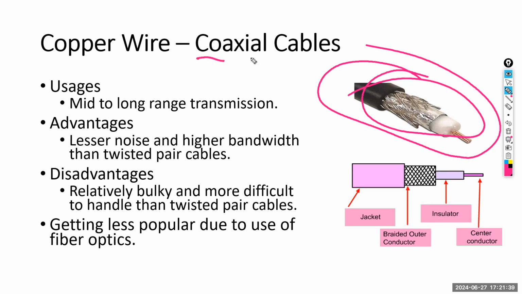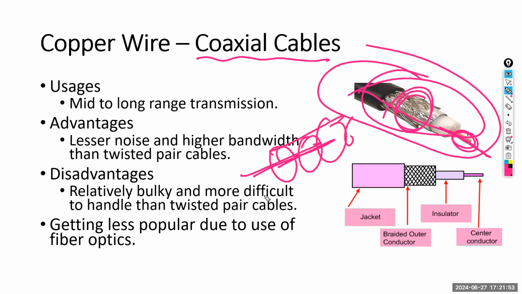Why do we call it coaxial? Coaxial, same axis. This is the axis, this is one conductor, and the other conductor is on the same axis, another mesh of wires, again copper wires, in an aluminium foil.